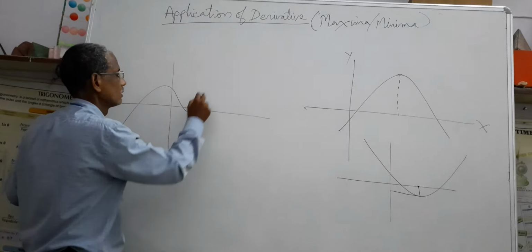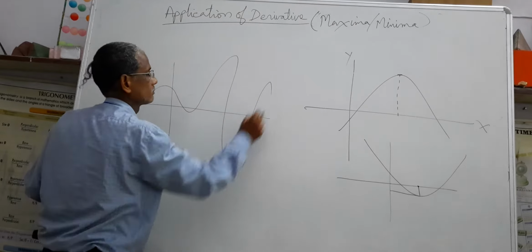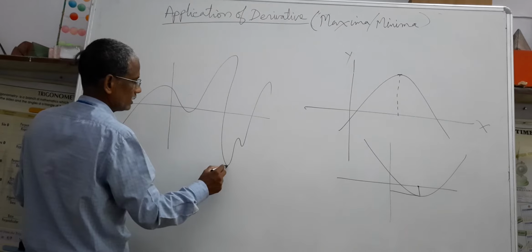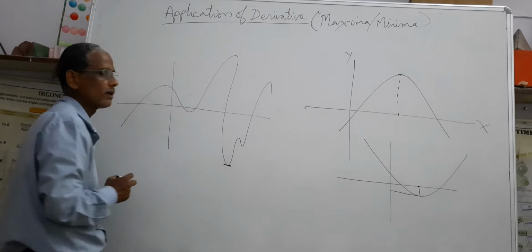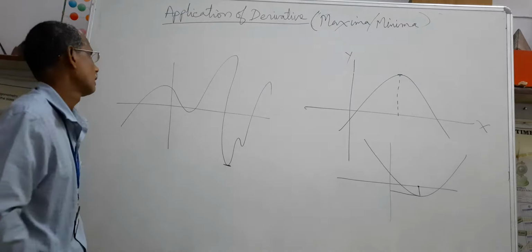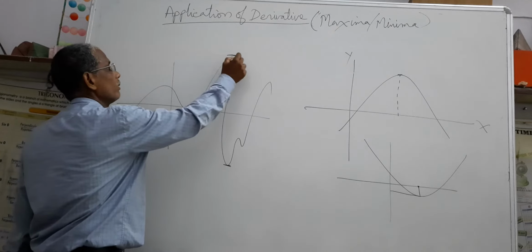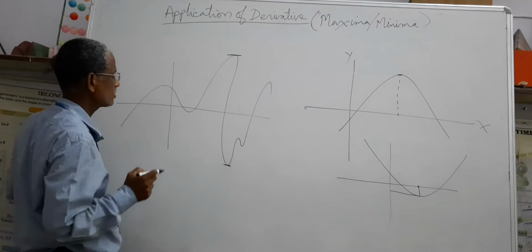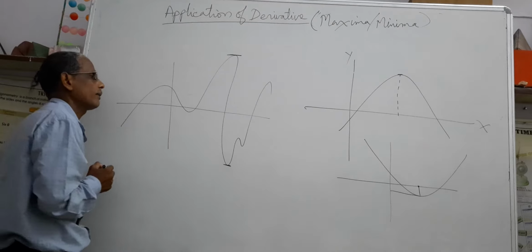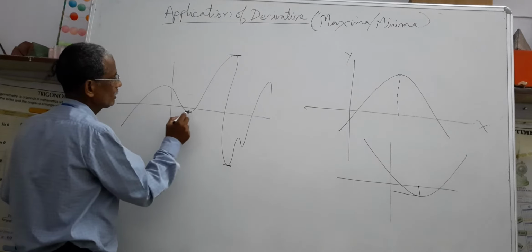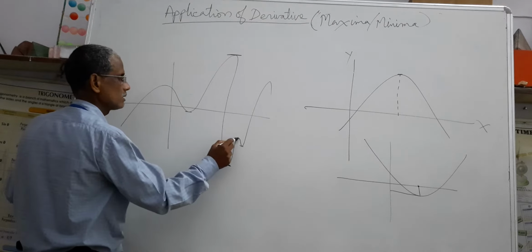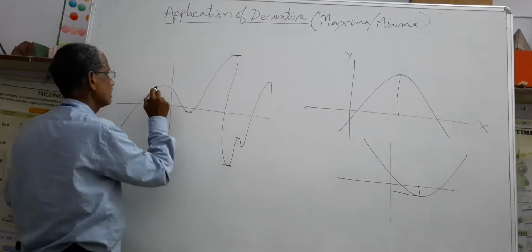If a curve oscillates many times like this, then this is called global minima and this is called global maxima, and all other points are called local maxima or minima. This is local minima, this is local minima, this is local maxima.